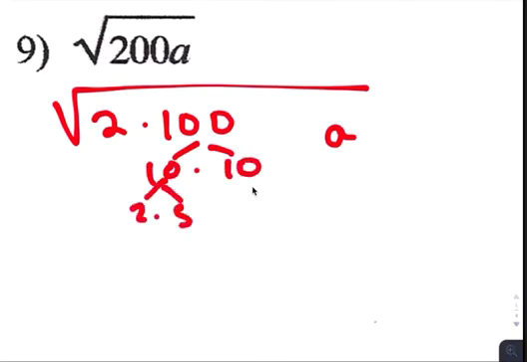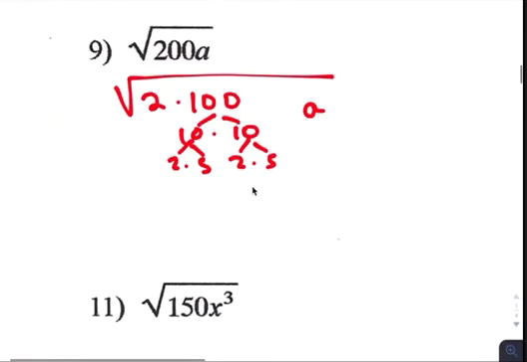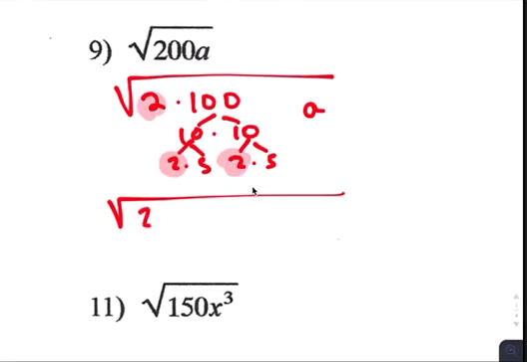Two times 5, 2 times 5. So basically you got 1, 2, 3 of them, and 2 5s.